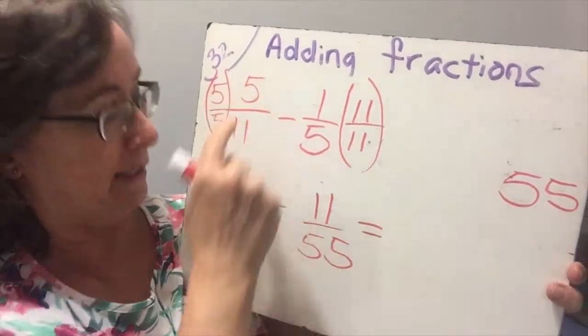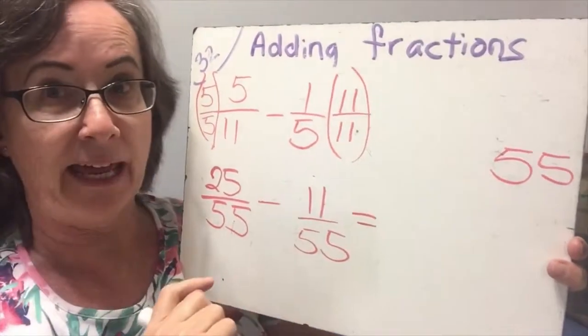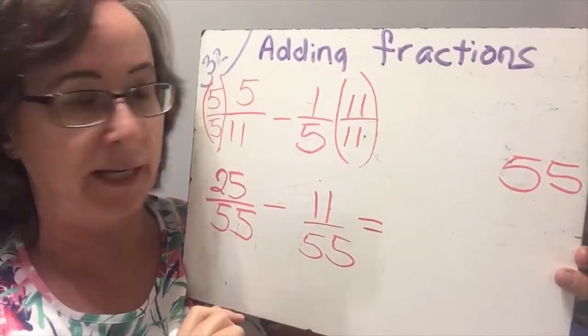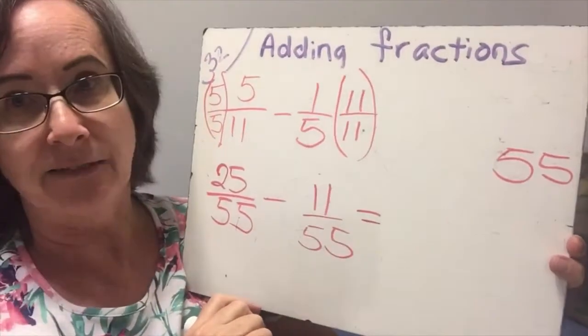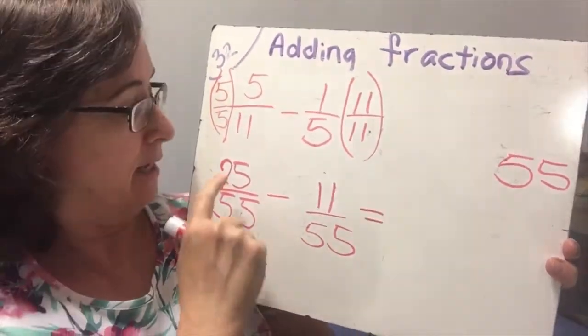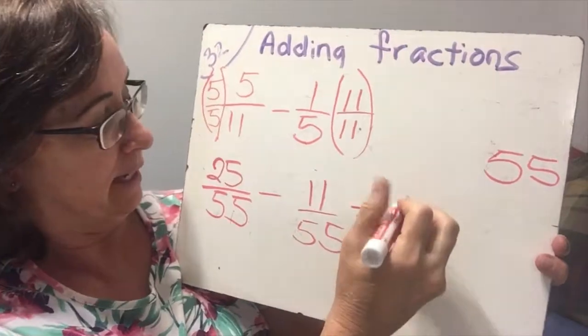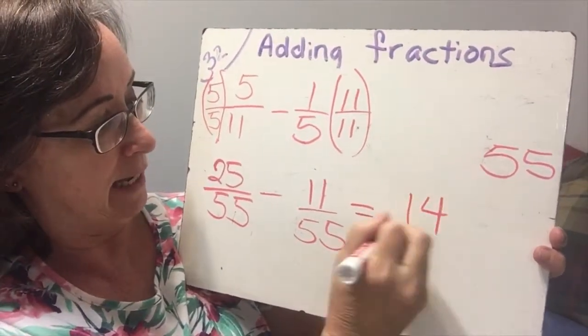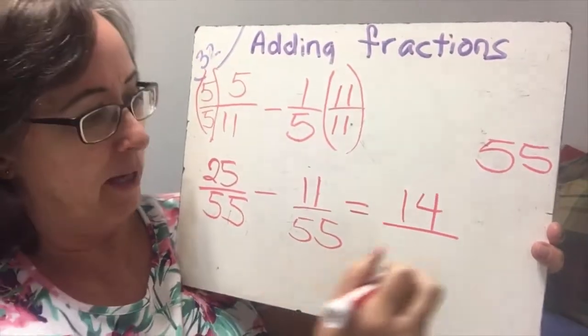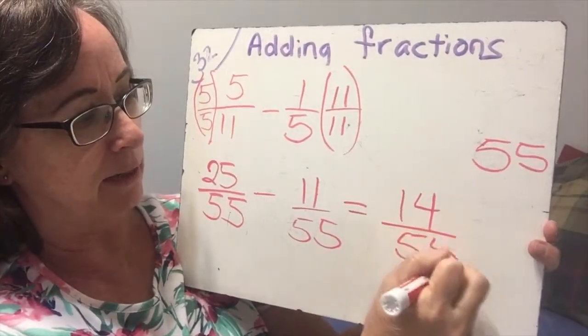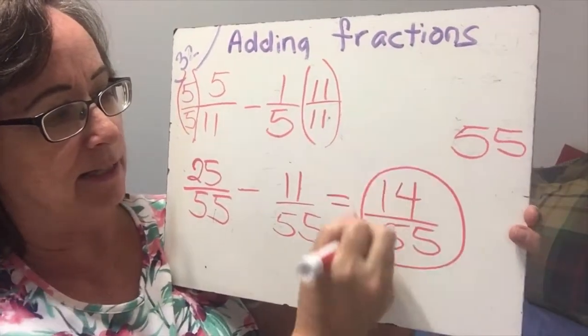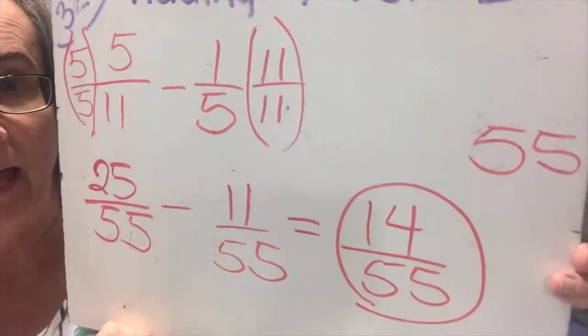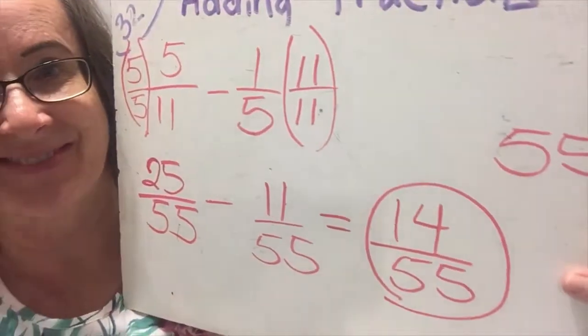I have corrected my numerators so that now they work with the new denominator. And now, last of all, I will subtract. 25 minus 11 is going to be 14, and I put it over the common denominator, and there is nothing that I can do to simplify that. That would be my answer.